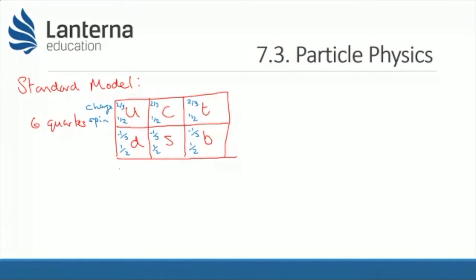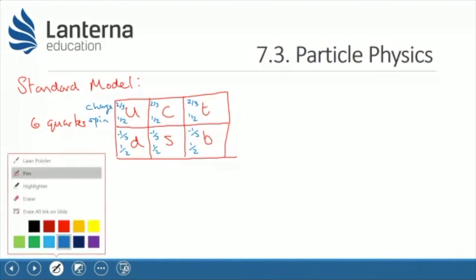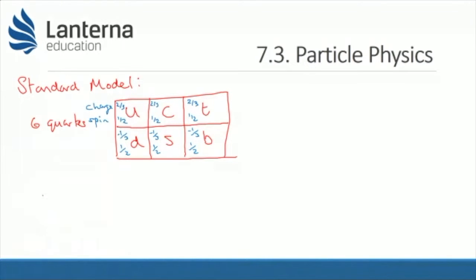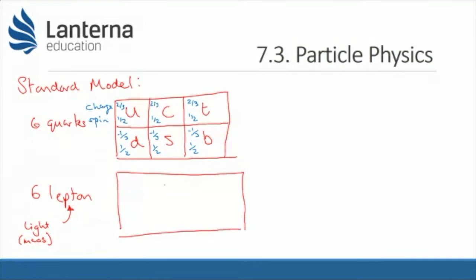So, as well as the 6 quarks, we also have 6 leptons. And the word lepton just means light. So these are all light particles, light as in mass, not as in bright. And we can break these down into 3 neutrinos and 3 electron-like particles.